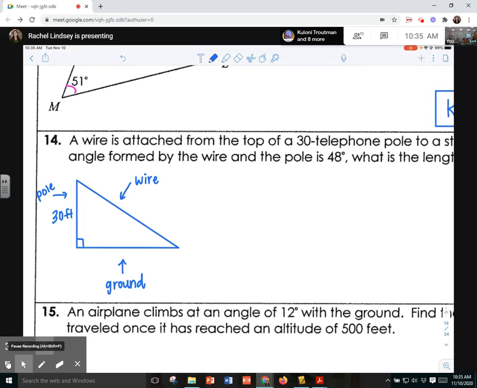So it says that the wire and the pole form a 48-degree angle. So the angle between the wire and the pole is 48 degrees. And then it wants you to find the length of the wire. So the wire side, which is the hypotenuse, would be x.